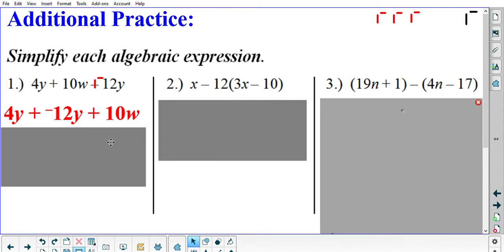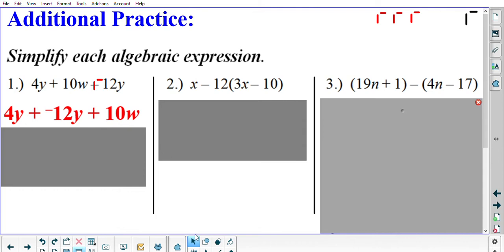You might switch the order, but keeping the minus with the 12y whenever you switch the order. That's kind of an alternate way of realizing that minus is the same as adding a negative and then switching the order. So you might do it a little bit different in your Algebra 1 class than what I'm showing you here at the pre-algebra level or Math Grade 7 level. But anyway, the negative must stay with the 12y.